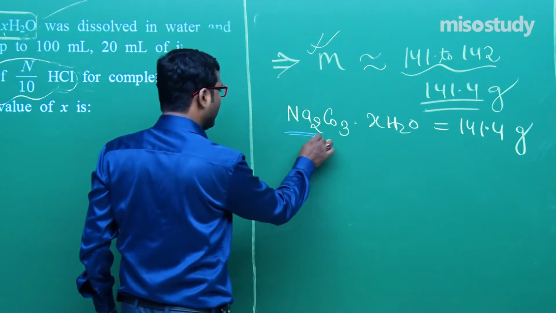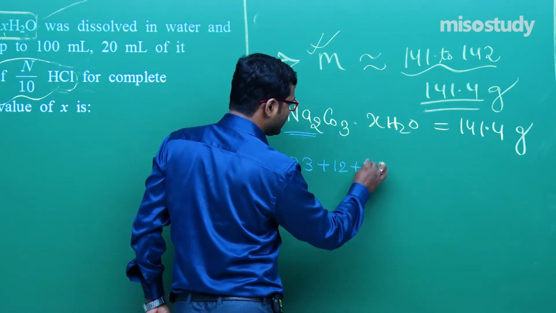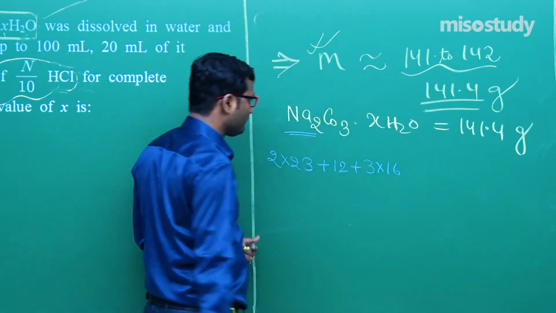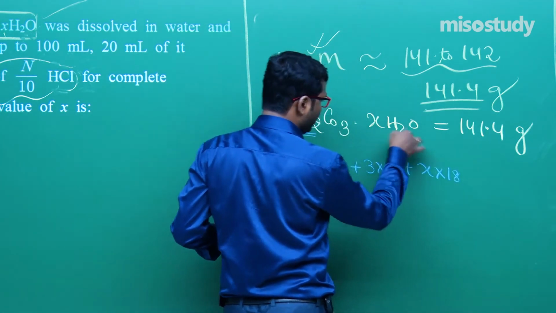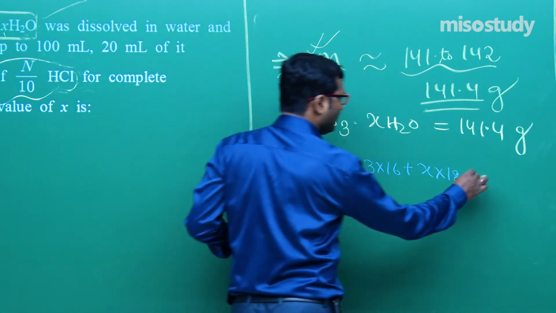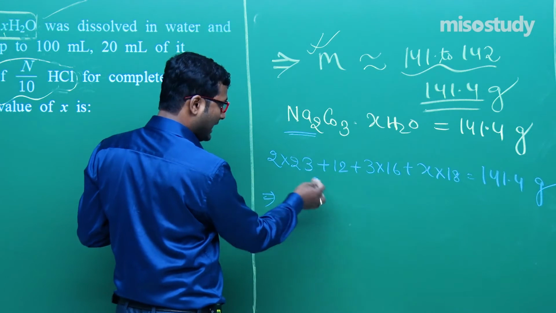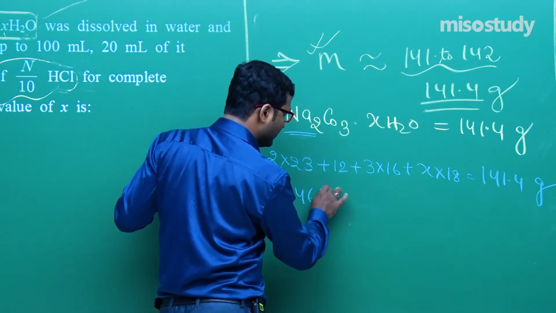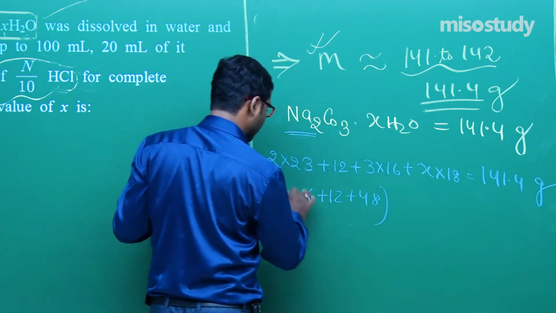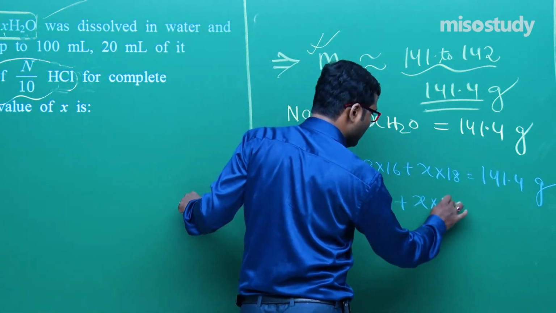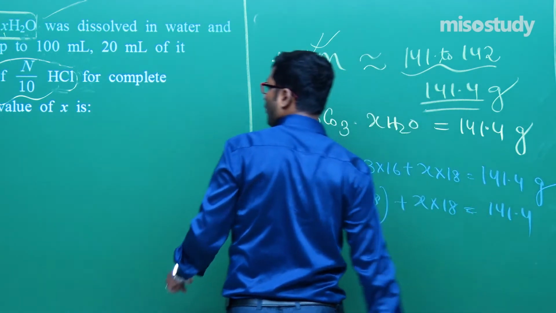Now put the value: 2 into 23 plus 12 plus 3 into 16, plus x into 18, since the molecular mass of water is 18, is equal to 141.4 gram. So 46 plus 12 plus 48 is around 106, plus x into 18 is around 141.4.